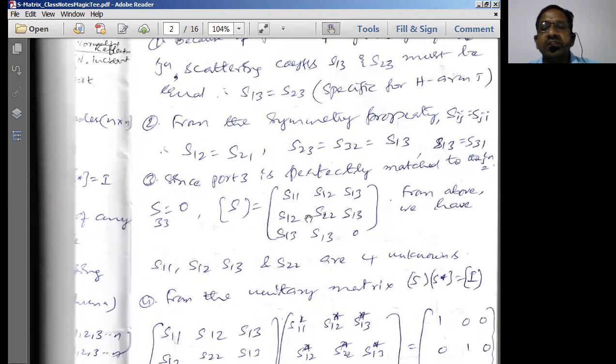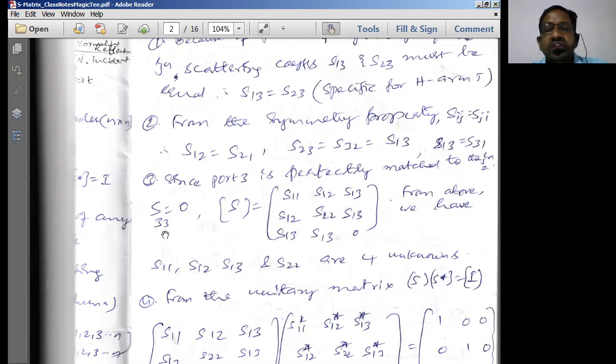Now here we consider that the H plane T is going to have a perfectly matched junction. So if it is a perfectly matched junction, then S33 becomes equal to 0. That means the input port is 3, the output port is also 3.